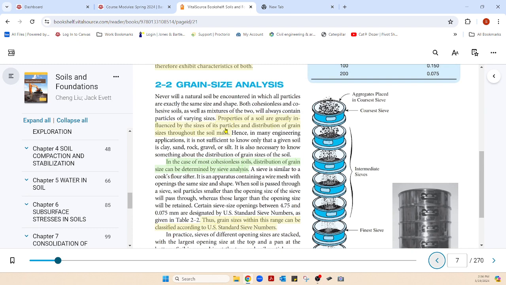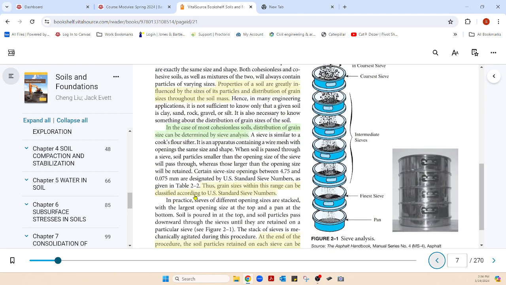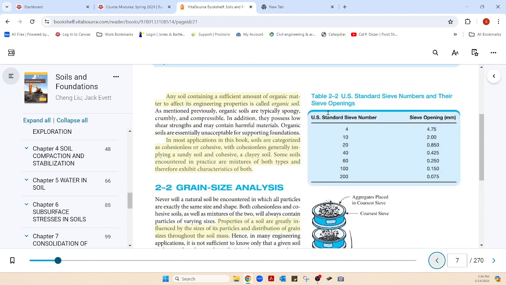Well, we need different size particles to have a good soil. Table 2-2: the certain sieve sizes open between 4.75 and 0.075 millimeters are designated by the U.S. standard sieve numbers as given in Table 2-2.